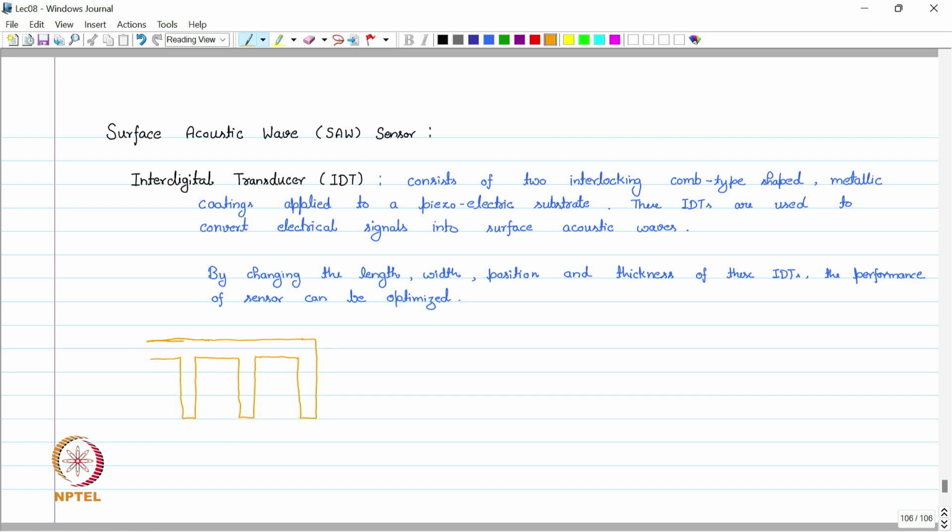This is one comb structure, and the second one is in between, interlocked.